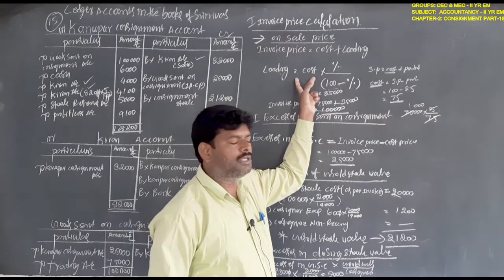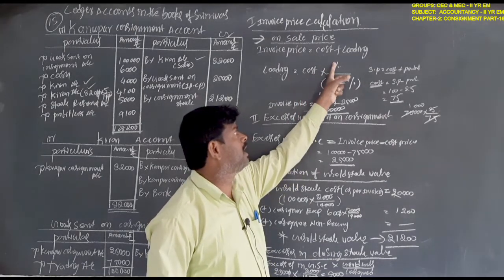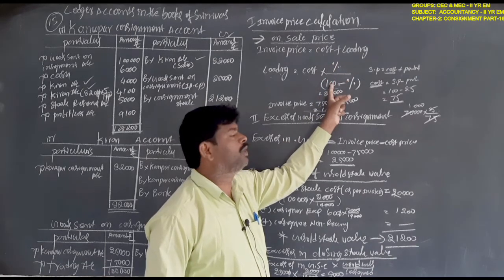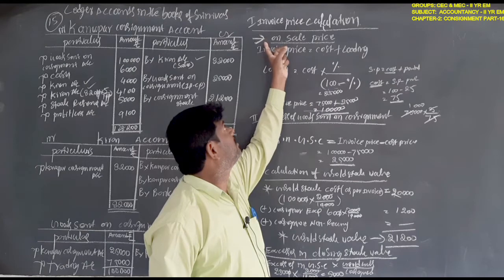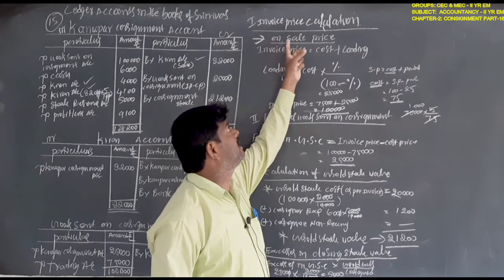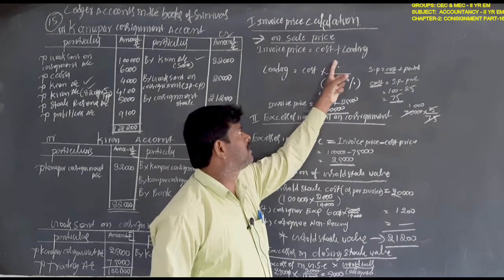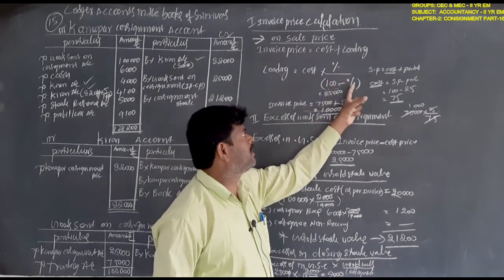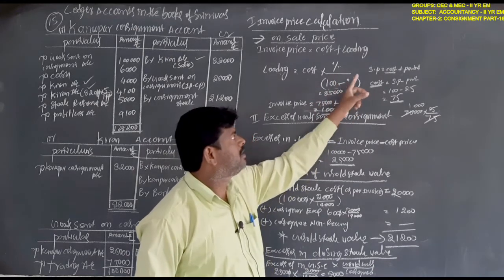Suppose on cost price, loading is equal to cost into percentage by 100 only. Suppose 25% on sales price is given, it will be percentage by 100 minus percentage. Why write this way? Simple.